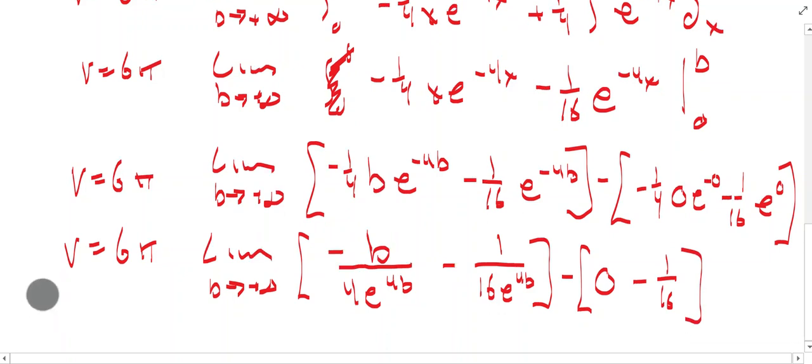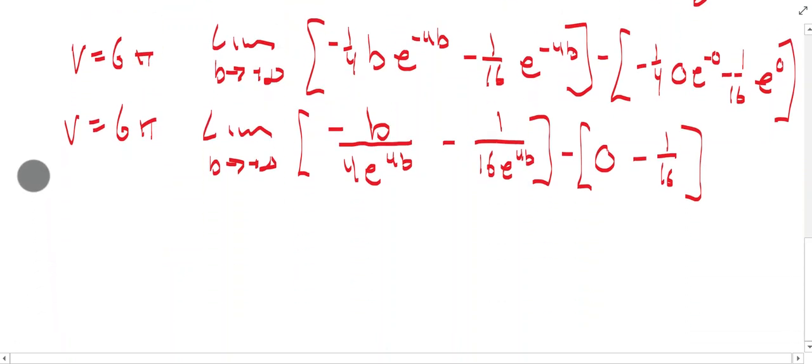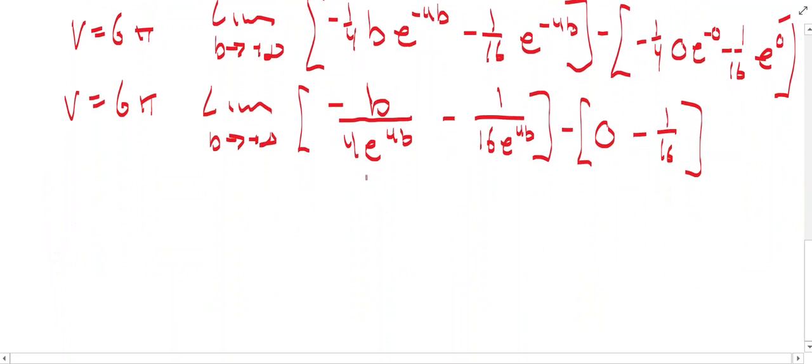So now we can actually evaluate the limits.